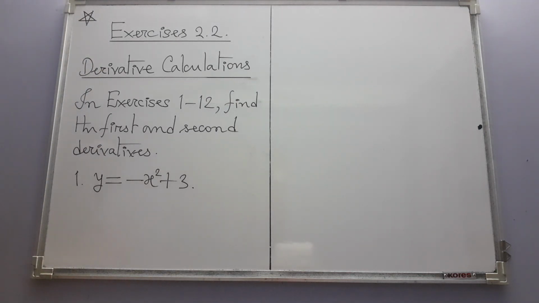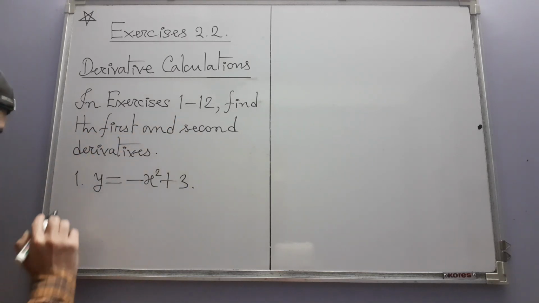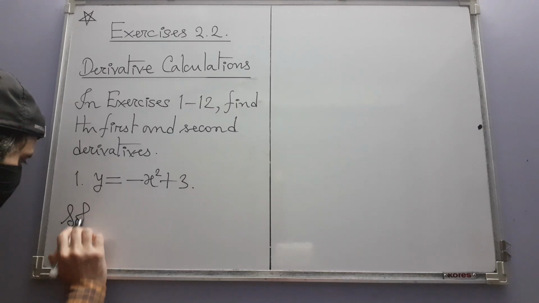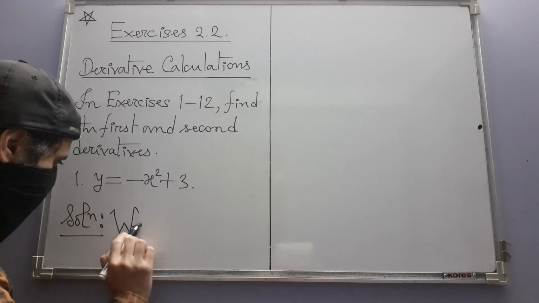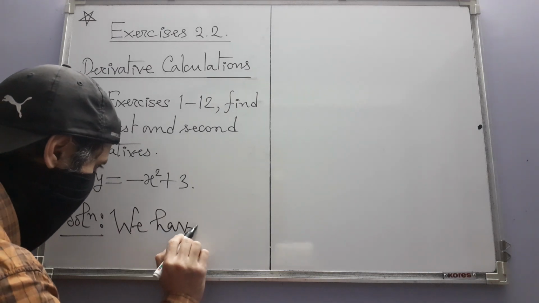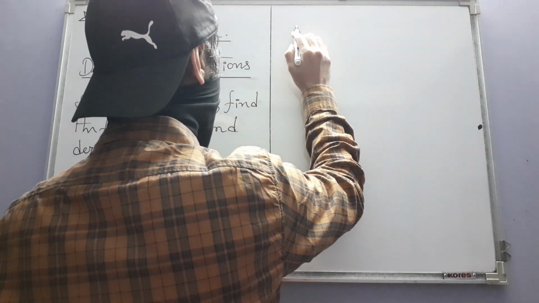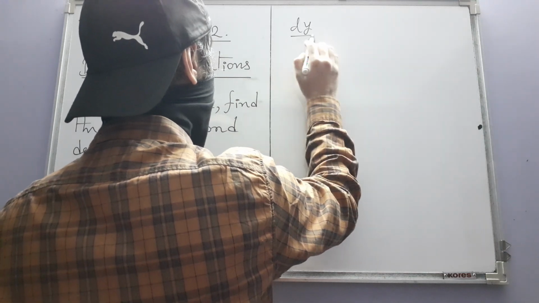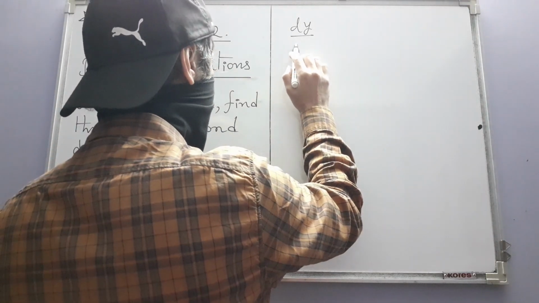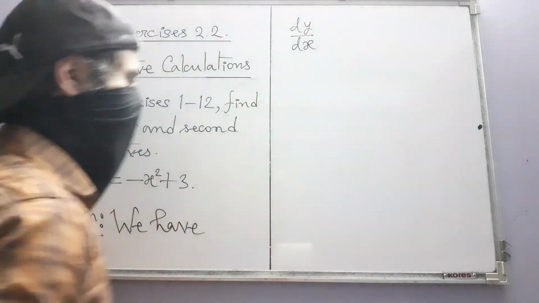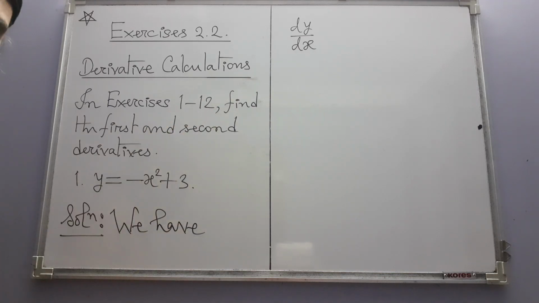So we have to keep in mind, we have to find both the first derivative and the second derivative. So let's see the solution. We have, so first of all, naturally we will find the first derivative. dy/dx. x is the independent variable, so although it's not mentioned, obviously you will have to differentiate the dependent variable with respect to the independent variable.